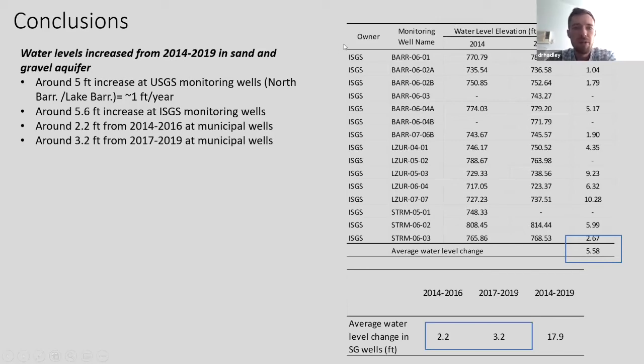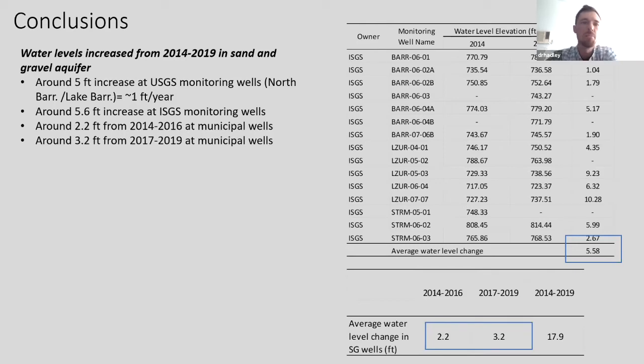And then the other increases that we see are at municipal wells themselves. I'm not going to show you all the data for that because there's a lot of wells that were measured during the mass measurements. But from 2014 to 2016, on average, the water levels increased by 2.2 feet. And then from 2017 to 2019, they increased by an additional 3.2 feet.